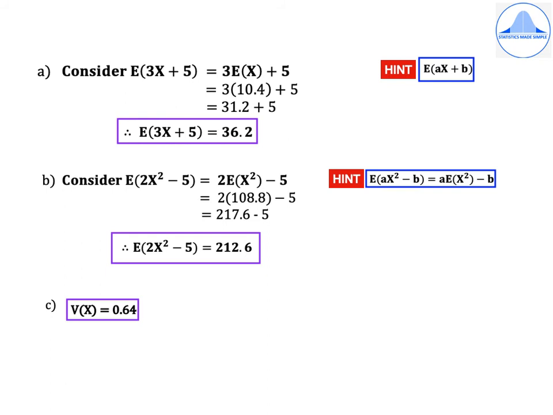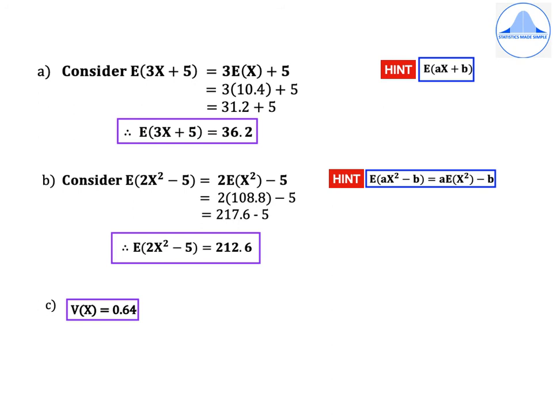For the second subdivision, consider E of 2x square minus 5. This is very similar to E of ax plus b. Now instead of x, we have x square, and instead of the plus sign, we have the negative sign. So the hint is E of ax square minus b is equal to a E of x square minus b.